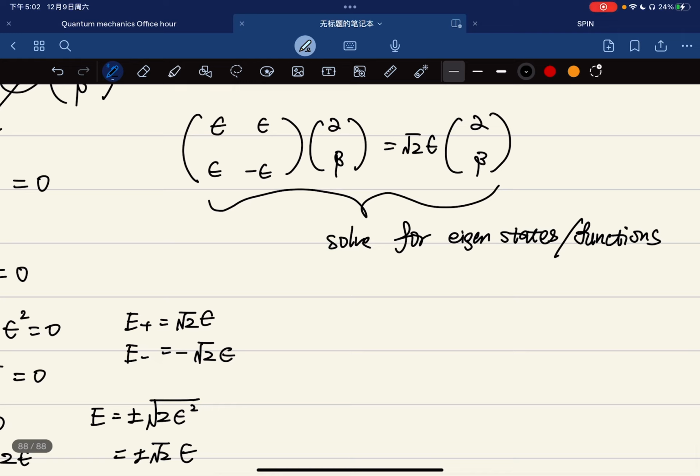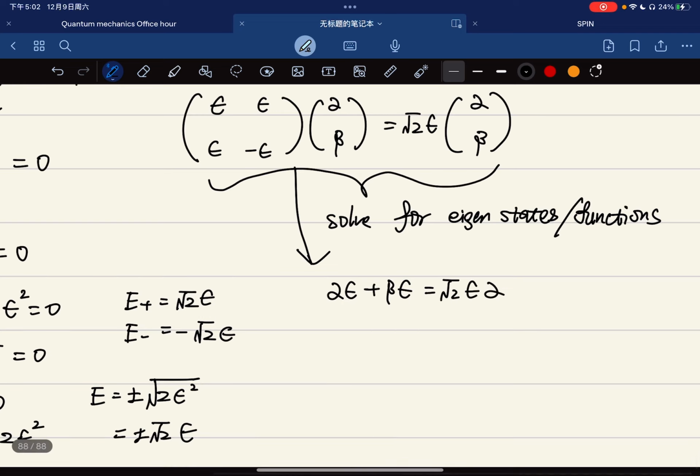Okay, and to solve this matrix, I have this plus this is equals to square root of 2 and this. Okay, and for the second line, I'm doing the second line right here.